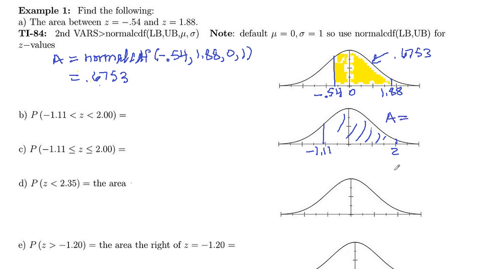Area corresponds to probability. So this one up here, we could write this as probability negative 0.54 is less than z is less than 1.88. So they could either ask you for area or they could ask you for probability. Those are equivalent statements. So try that one real quick.